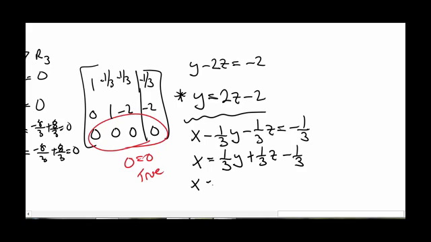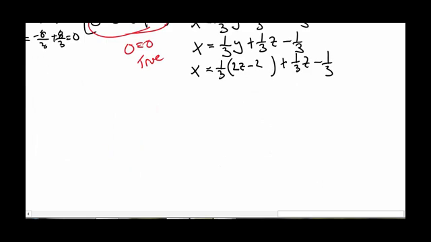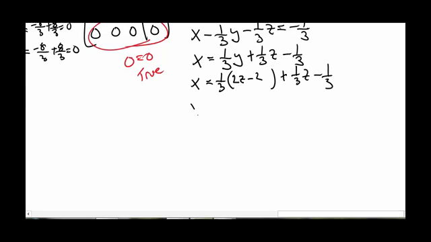And then I'm going to substitute in that lovely expression, 2z minus 2, for y. All right, so that gives me x equals 2/3 z minus 2/3 plus 1/3 z minus 1/3.